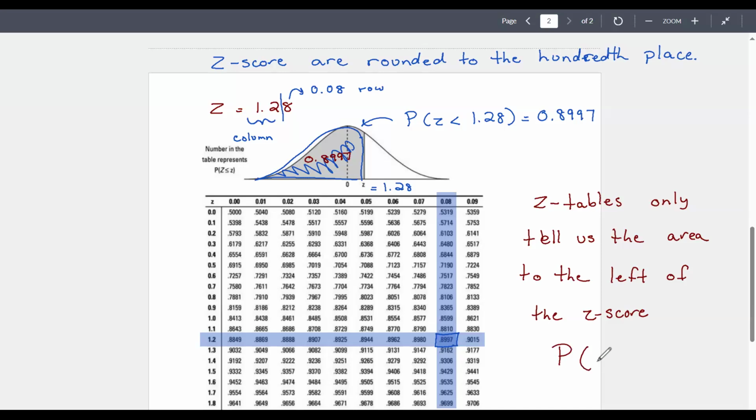So whatever our z-score is, we usually use the big Z, and it's going to be less than z.